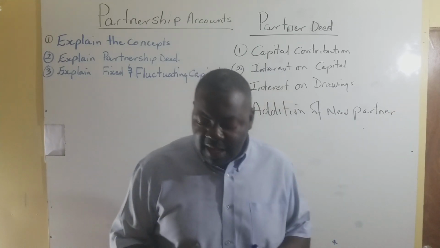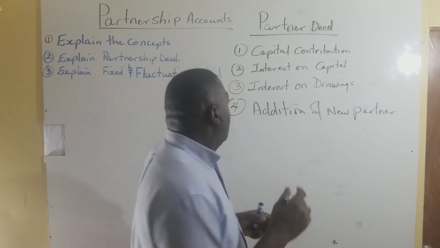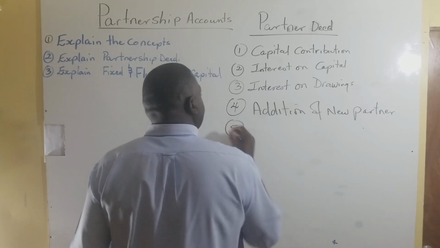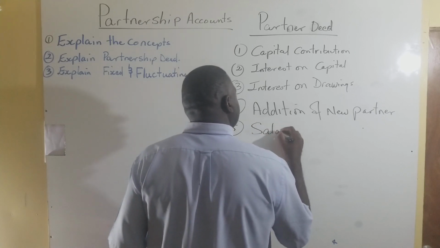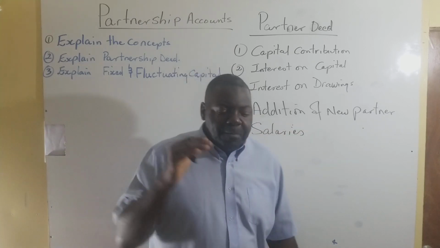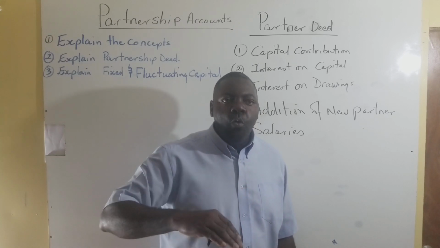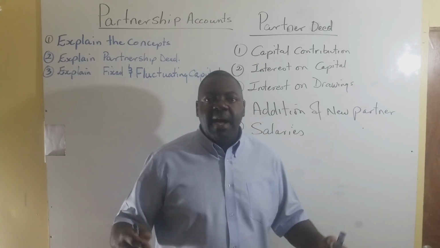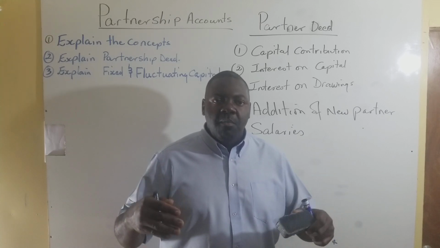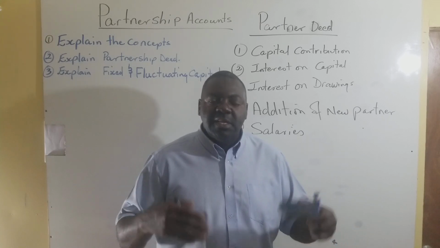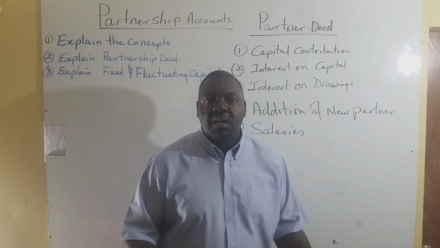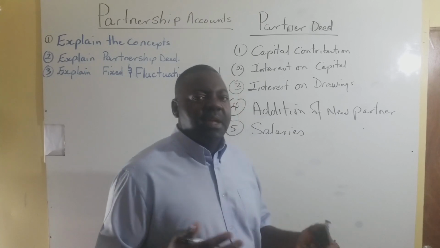They will have to establish that. All right, there's a 5th matter, and it is in relation to salaries. Now, the partners who take an active part in the operation of the partnership are paid. So it is their job. They are owners, but they are working in the business.